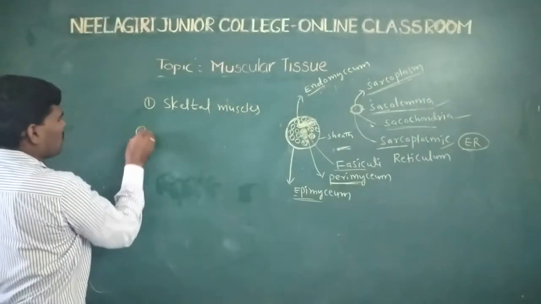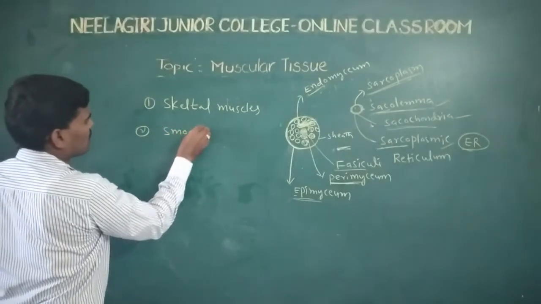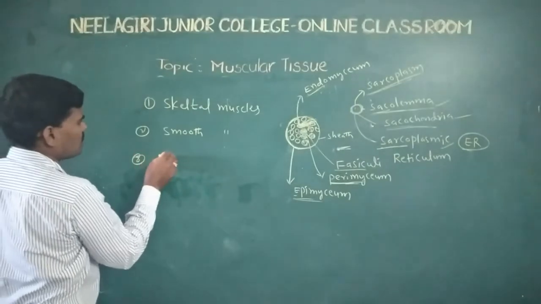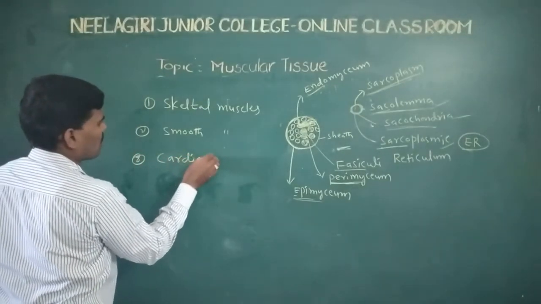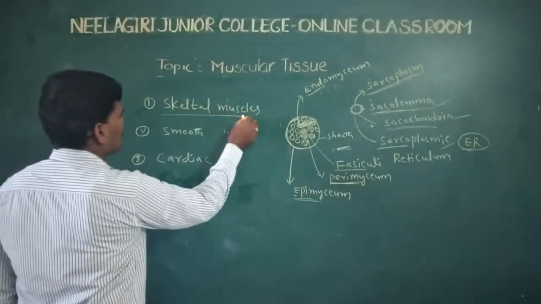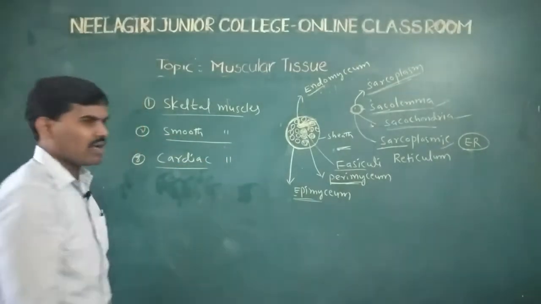And the second one goes to the smooth muscles. Third one goes to cardiac muscles. First one goes to skeletal muscles, second one goes to smooth muscles, third one goes to cardiac muscles.